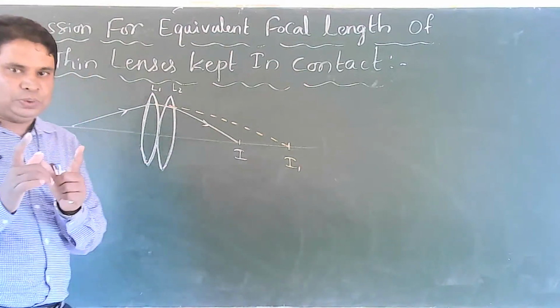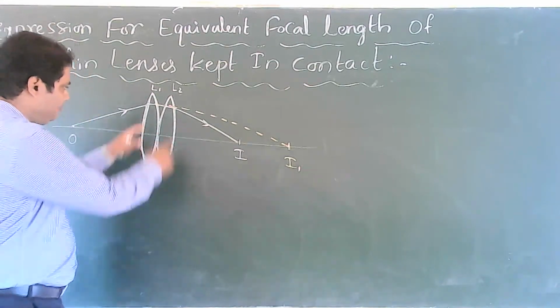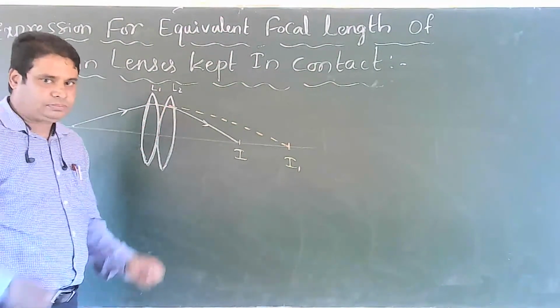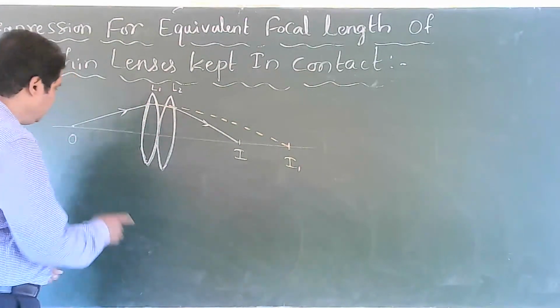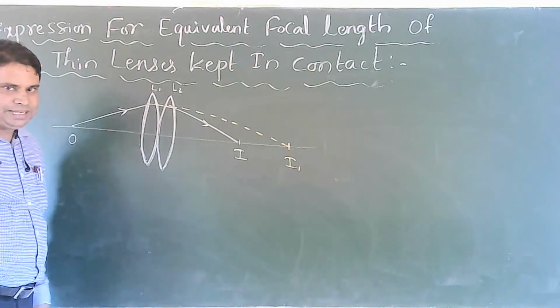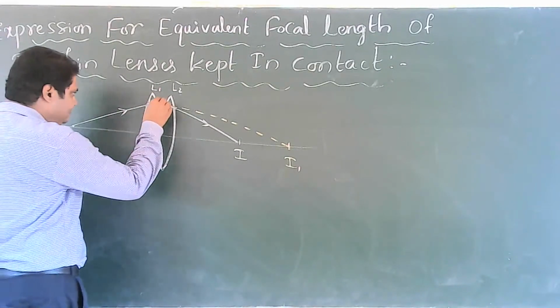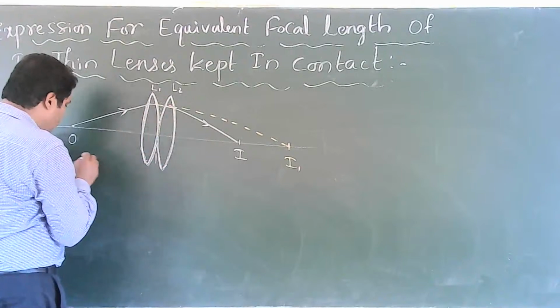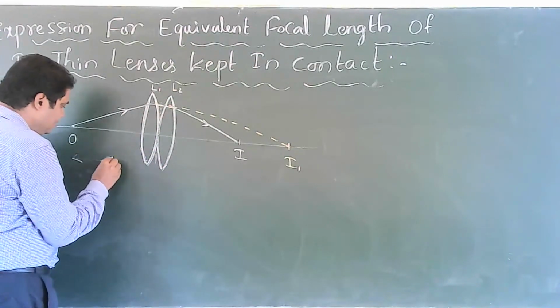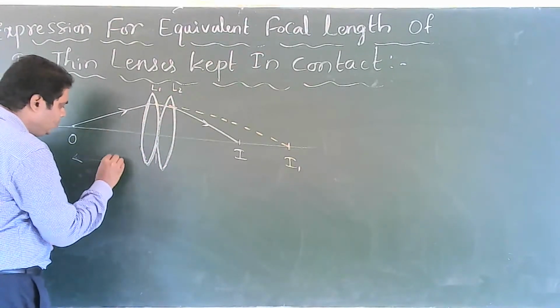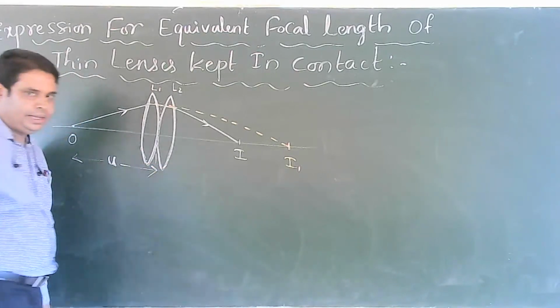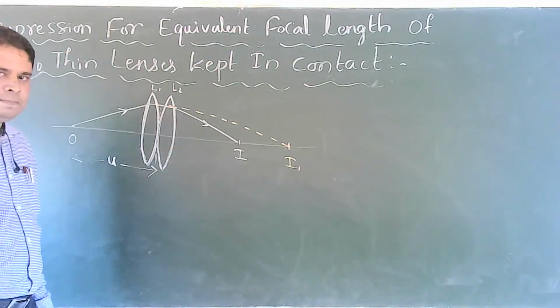Let us consider two thin lenses placed in contact. Let O be the object placed at a distance U from the common optical center.